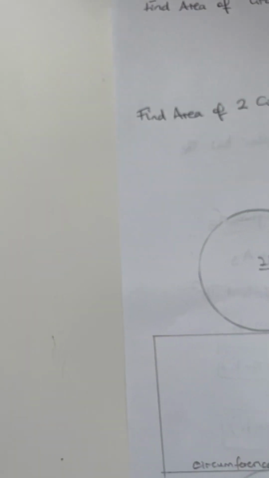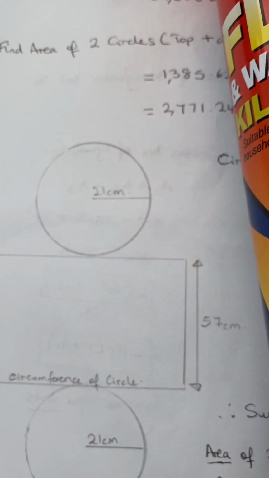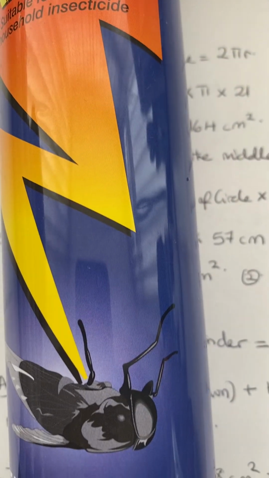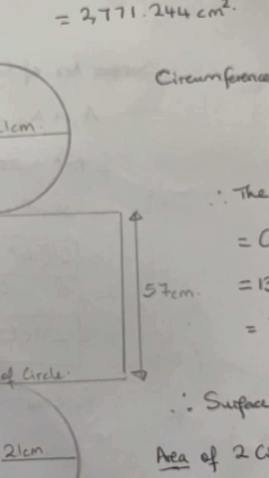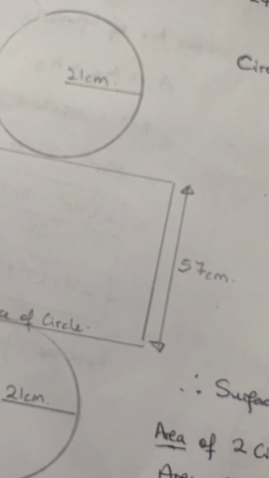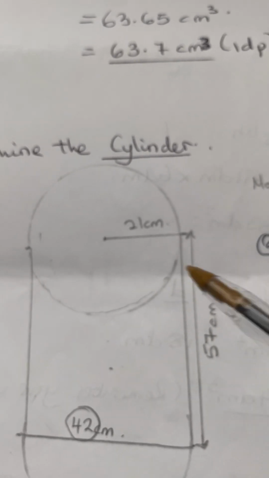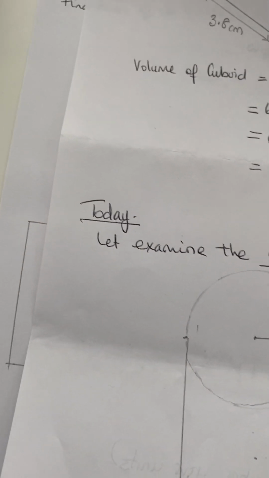I know this length here, from there to this place, but I don't know the width. If you look at the diagram carefully, if I split it, I'm going to get a rectangle.